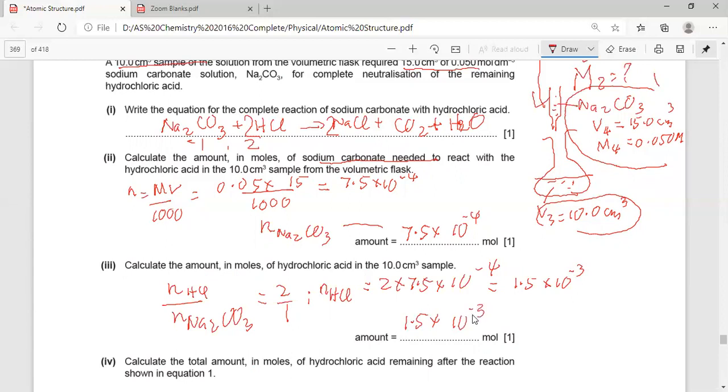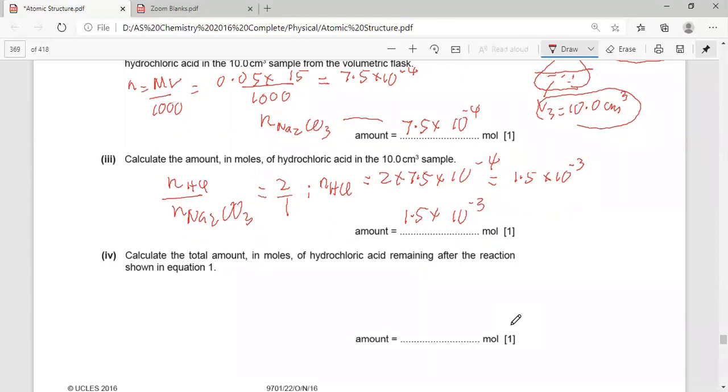Remember, this is the number of moles of HCl left unreacted. This is the current total number of moles of HCl remaining after the reaction shown in equation 1.